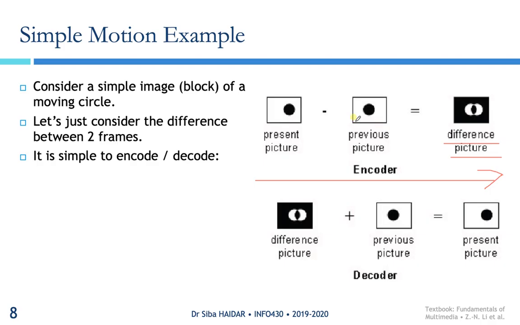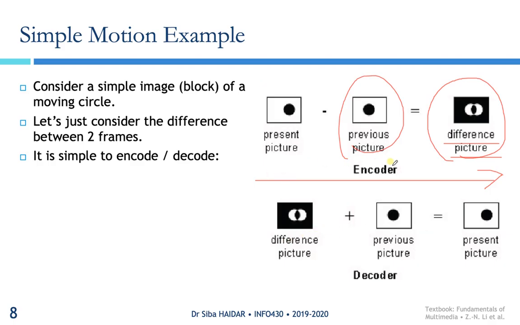Suppose now that I send to the coder the previous picture, and I don't send the present picture, I send only the difference picture. Can I obtain the present picture if I am receiving the pictures one after the other? If I received the previous picture and I received the difference picture, can I reconstitute the present picture? Yes, it is simply the addition.